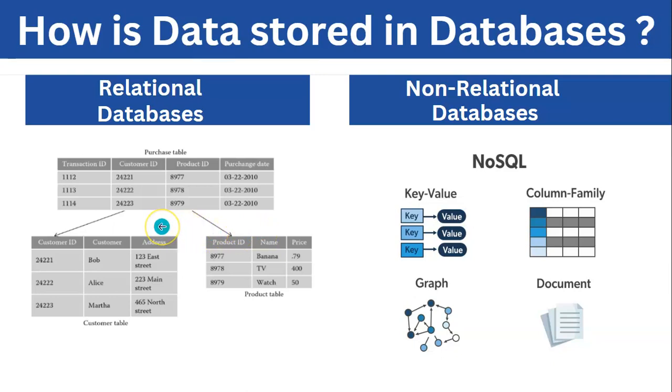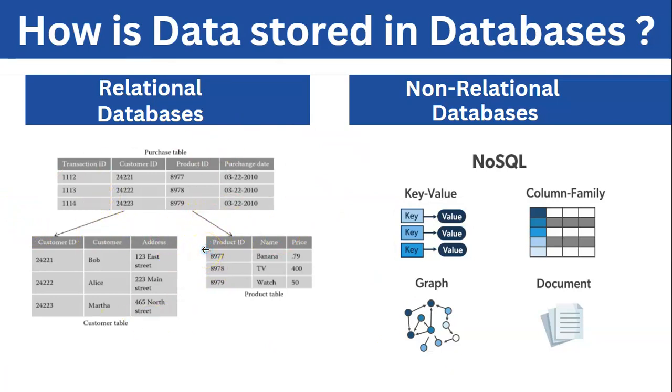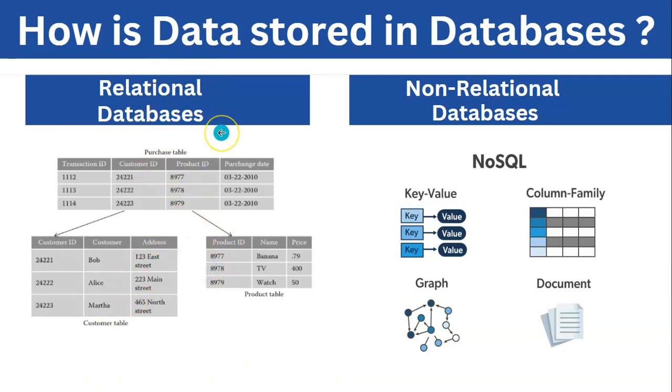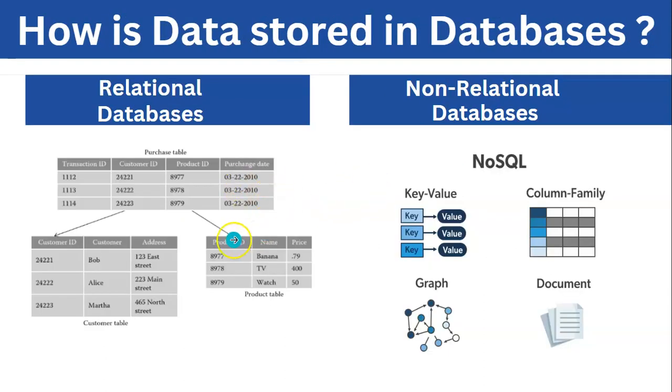When our main table is present and multiple small tables are linked with the main table, we consider the relation between these tables, and that is where we call it a relational database. A relational database is basically used to store structured data that is present in rows and columns.